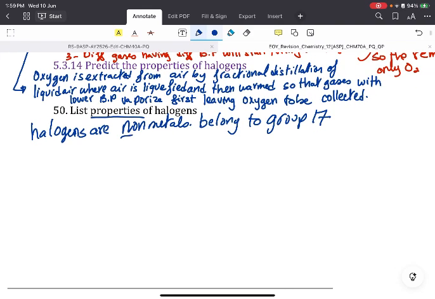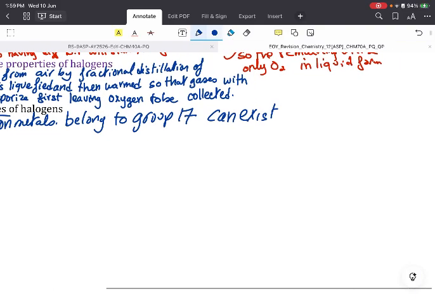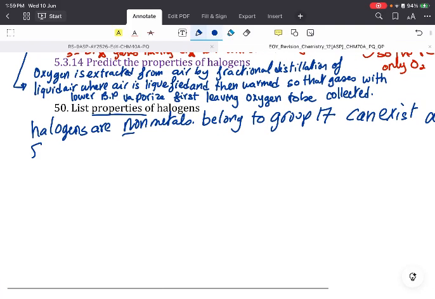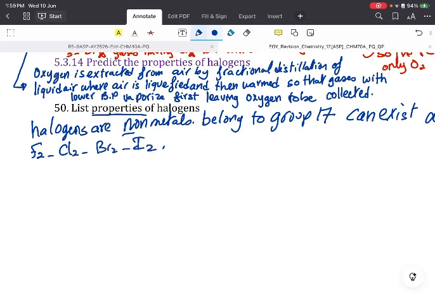They are non-metals and they are in group 17. They can exist as diatomic molecules, like F2, Cl2, Br2, and I2.